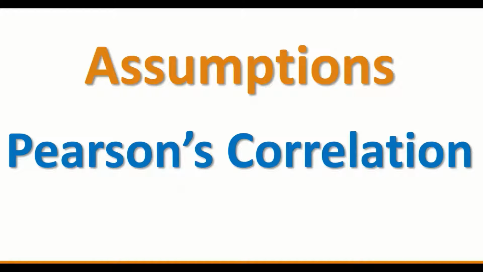Those assumptions are a set of criteria or conditions that have to be met before performing the Pearson correlation. The Pearson correlation statistical test will evaluate the relationship between two variables and check whether these variables have a positive relationship or a negative relationship.